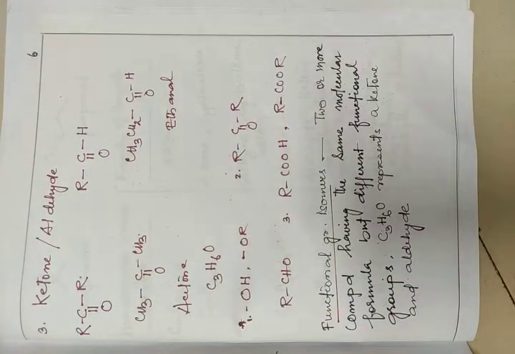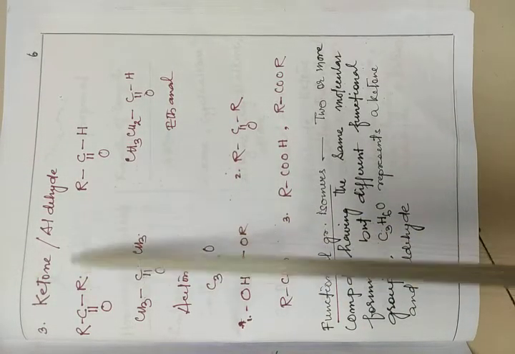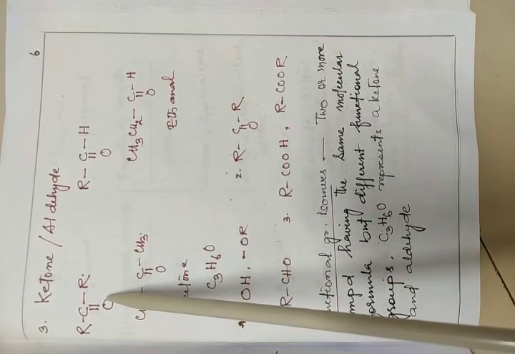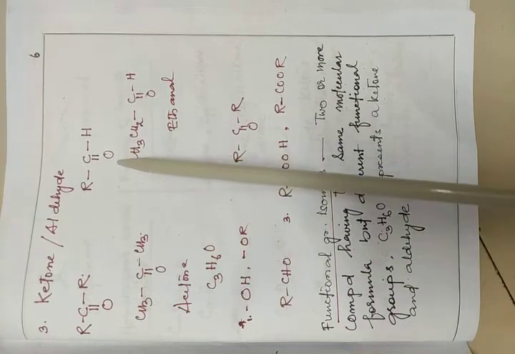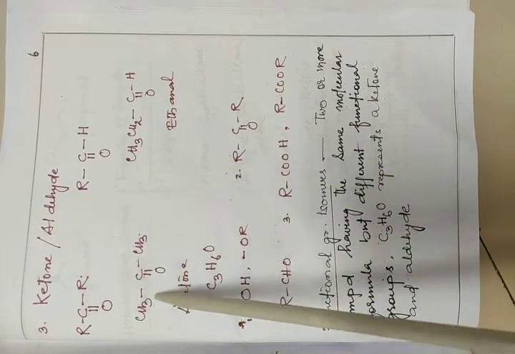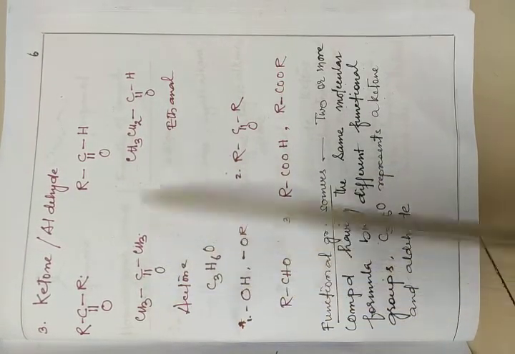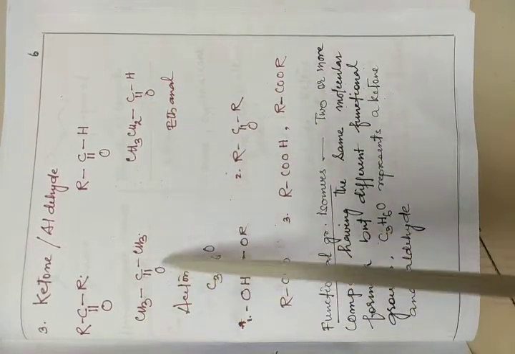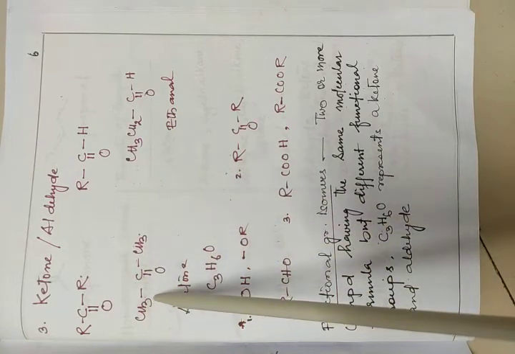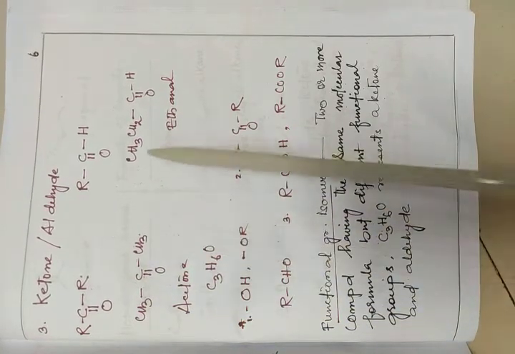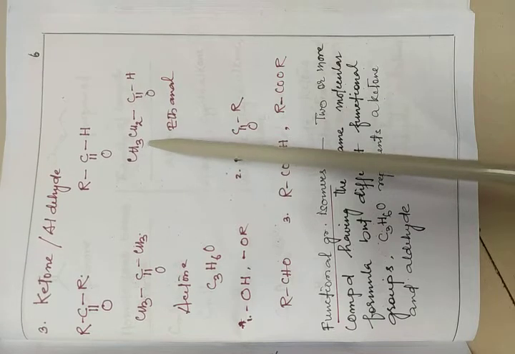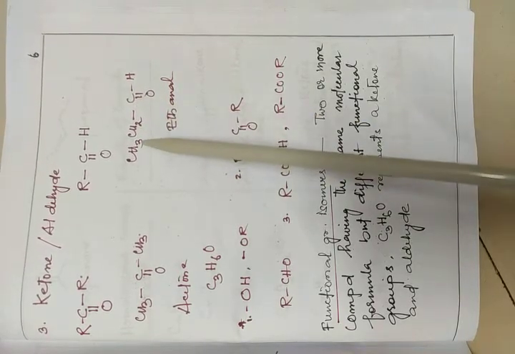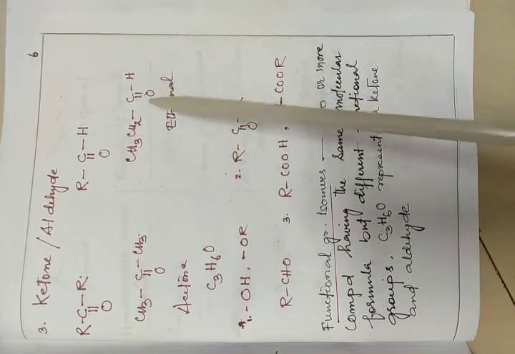Now next is ketone or aldehyde. They will be the same only. Now this is the ketone, then another one is the aldehyde. So here acetone is CH3, then C double bond O, then CH3, and then propanal. Now 1 2 3, so 3 carbons are there, then how many hydrogens? 6 hydrogens. You just count the same in the aldehyde also: 3 carbons, 6 hydrogens, and only one oxygen.